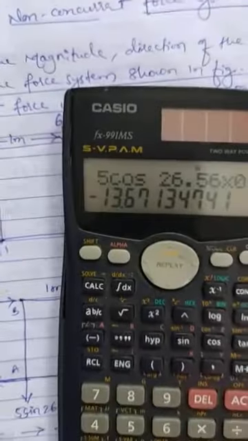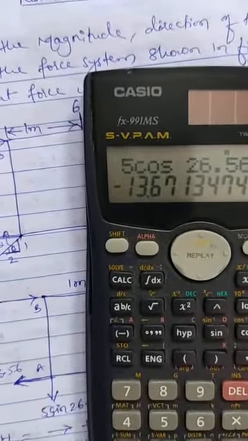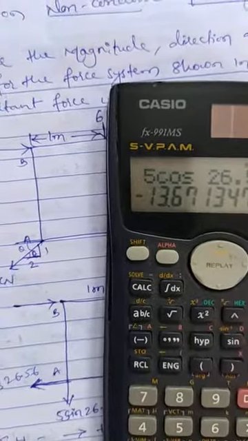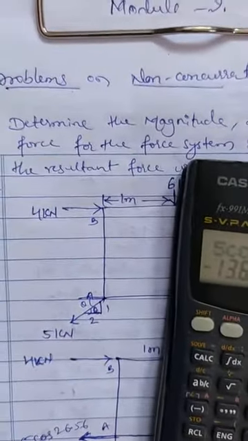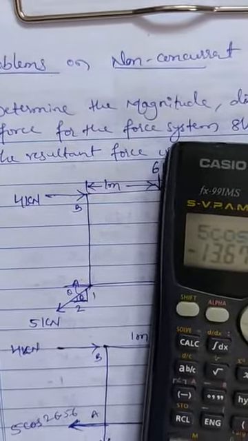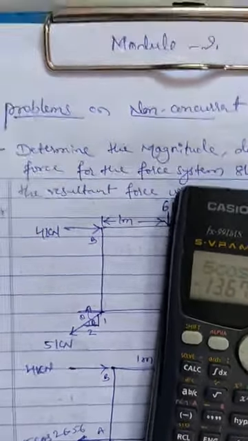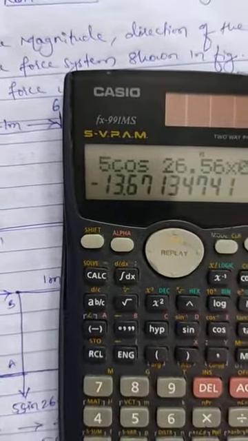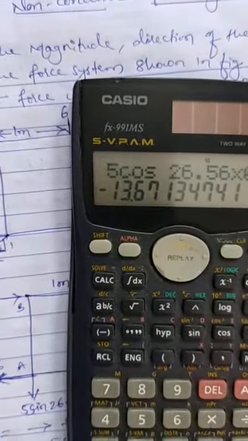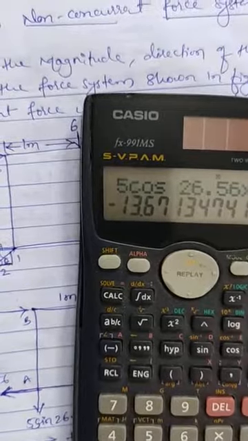So we get 13.67. The moment about D is minus 13.671 and the unit is kilonewton meter.